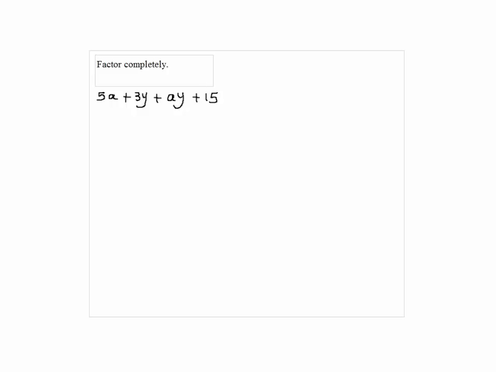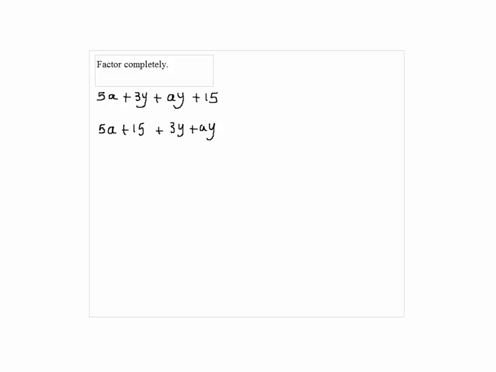We need to group this in such a way that when we factor them, we have something in common between those two. There are 3 different ways we can group this. We can group the first 2 and the last 2 together. In this case, that won't help us, because we don't have anything in common between 5a and 3y.